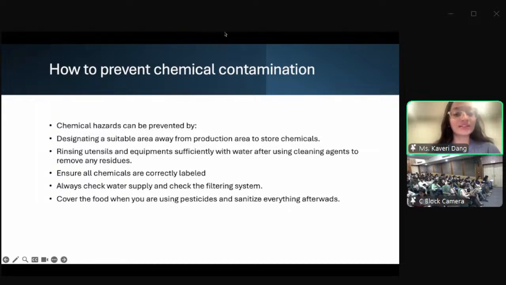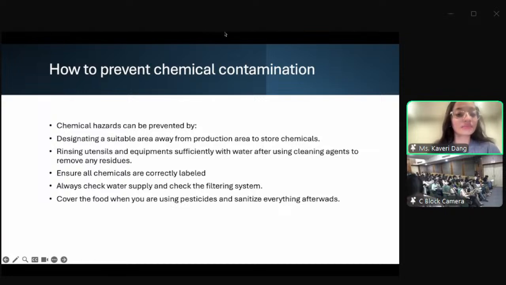And those chemicals also need to be properly labeled with their expiry date or with their concentration, or if it's a hazard, if it's not safe for humans, then there needs to be a proper hazard sticker. So those chemicals really need to be stored in a well labeled or well designated place.